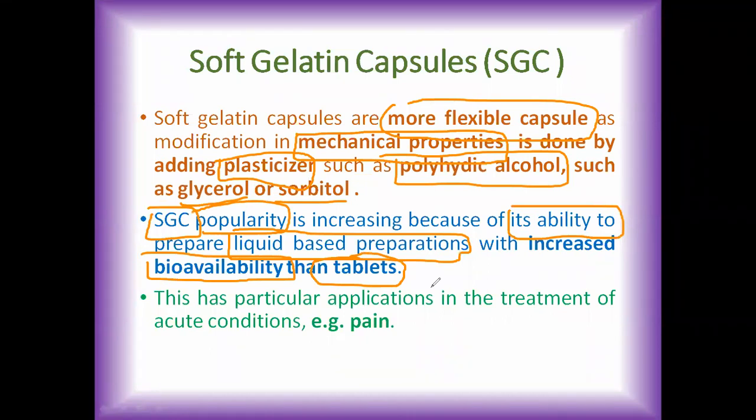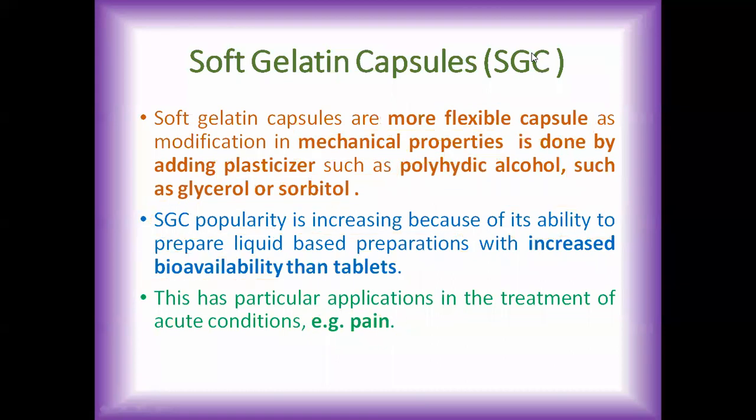So here, soft gelatin capsules increase the viability as compared to tablets, as they can be prepared as liquid-based preparations. And they have a particular application in the treatment of acute conditions, for example pain.